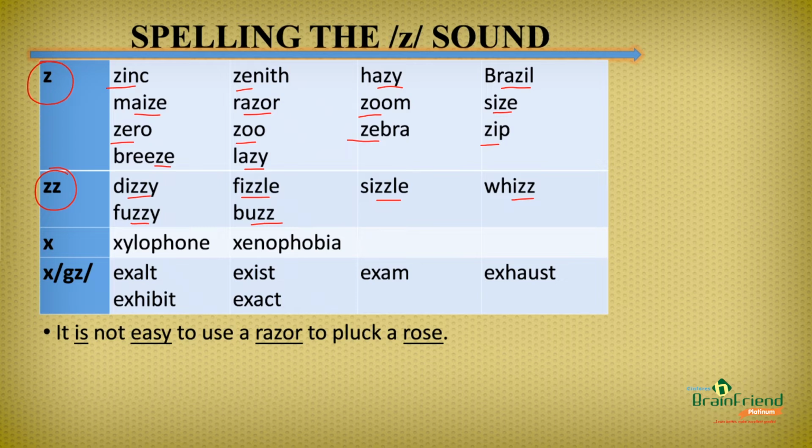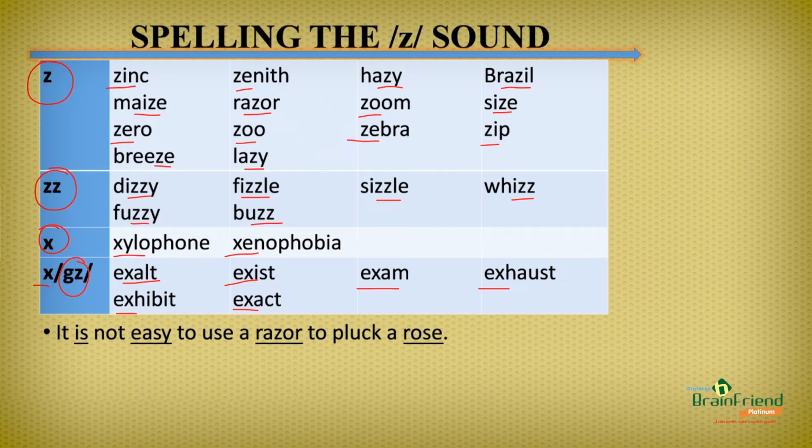It is also spelled as the letter X in words like xylophone and xenophobia. Lastly, it is spelled as the letter X pronounced as Z in exalt, exhibit, exit, exact, exam, and exhaust.